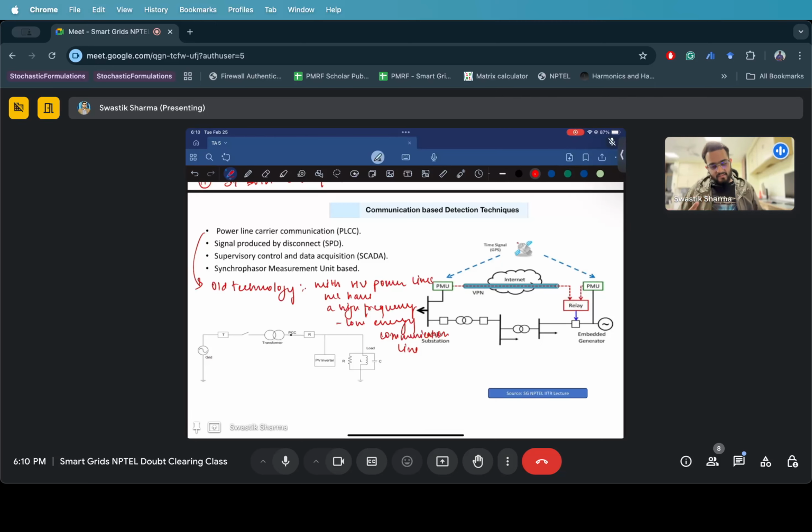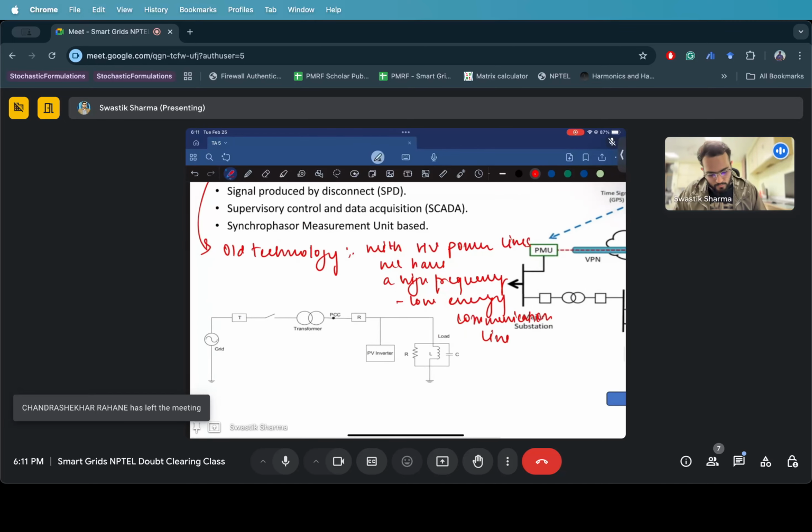And why is this low energy? Because the power lines are usually high voltage in nature, so that the signal does not distort. There is no EMI, electromagnetic interference, with our system. We tend to keep the energy low. If the energy is low, we make sure that whatever communication we are passing is perfectly conveyed from the source to the receiver, right?